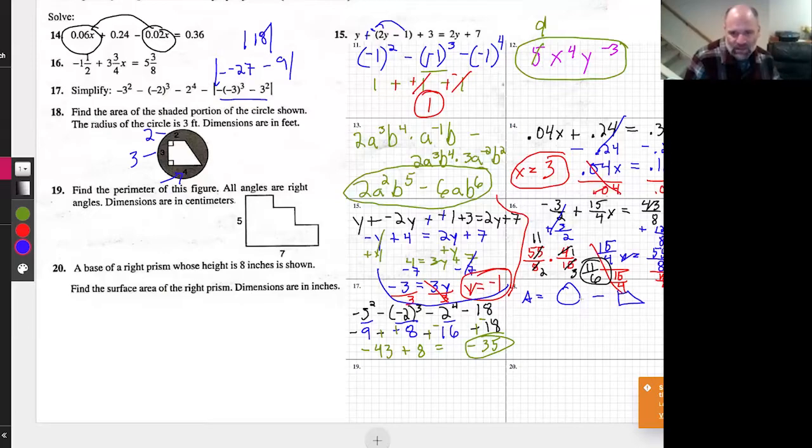Okay, well, you know how to do both of those. So how do you find the area of a circle? Pi r squared. Well, it doesn't label it, but it gives us the radius of the circle. It's 3. Okay, so area equals pi r squared minus, well, let's calculate this right now.